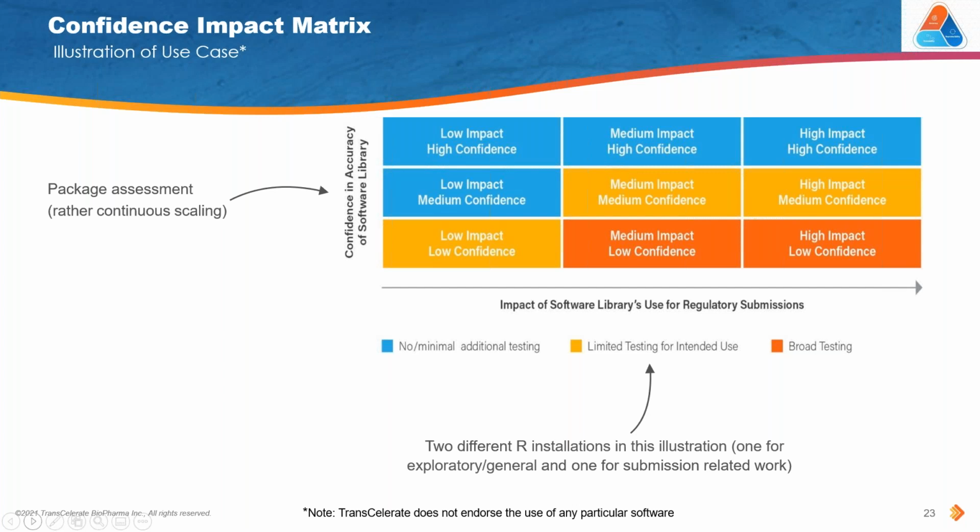And generally, no additional testing was needed for the packages in the exploratory R installation, but in the installation for submission work, packages were assessed to identify what additional testing would be needed to provide enough confidence for submission-related work. This was done in a rather continuous way. Instead of marking a specific category of the confidence level, which was slightly different than was described in the framework, but you can always adapt the framework to the specific needs of your organization. Next slide, please.